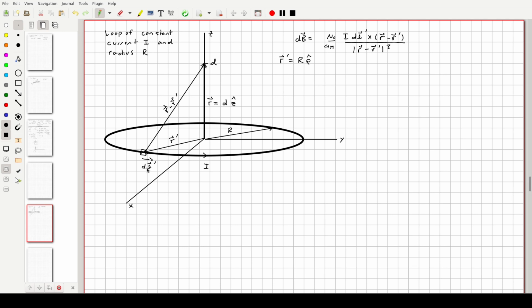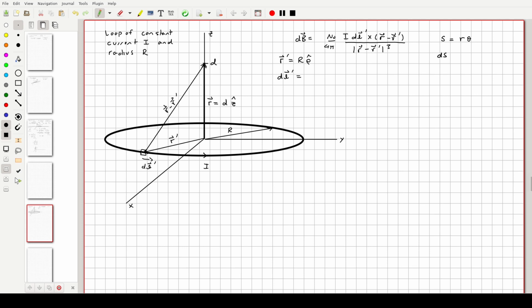So let's talk about what dl prime is. That's a little bit more complicated. dl prime is along an arc. So what you're using here is the equation for arc length. And arc length looks like this. The distance along an arc is equal to r times theta. Now here, being on a circle, r is constant.